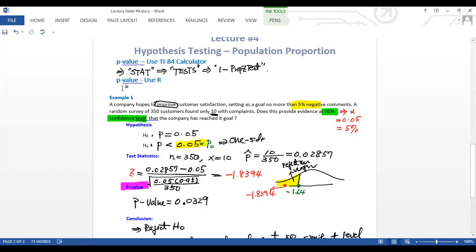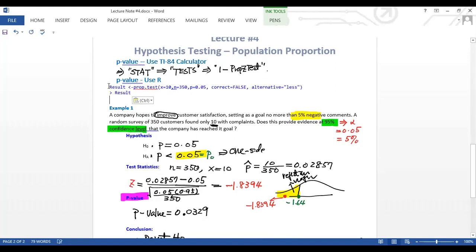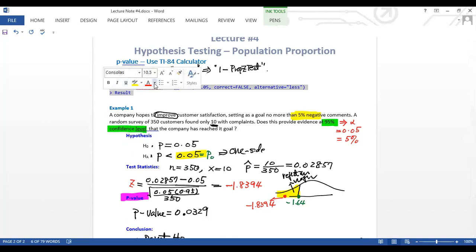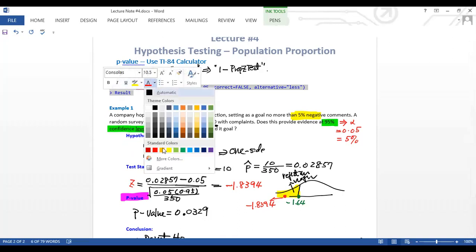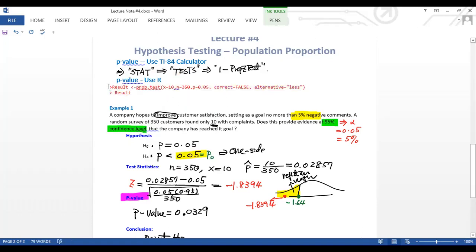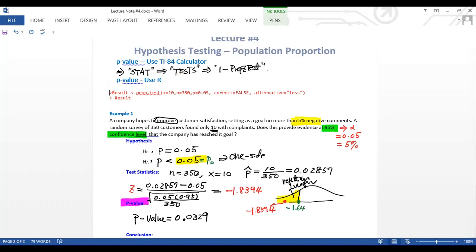Let's try to put it in here. So this is the code, right? Let me color that with maybe red. So this is a code you can use in R.